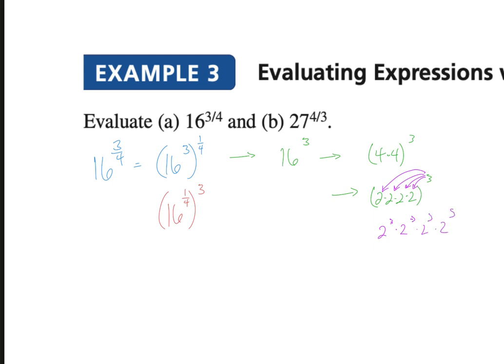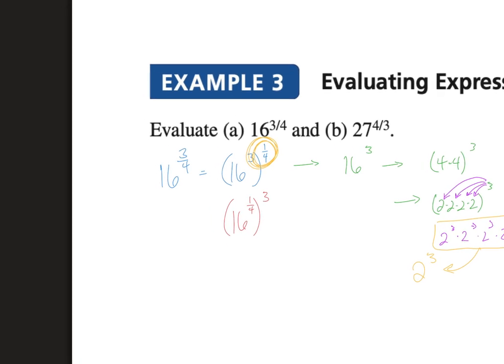And if I am looking for the fourth root of that, I'm looking for groups of 4. Here's a group of 4, so what will go out is 2 to the 3rd power, okay? So technically speaking, I just found the answer. It's 2 to the 3rd, which is 8. So the answer to that thing is 8.